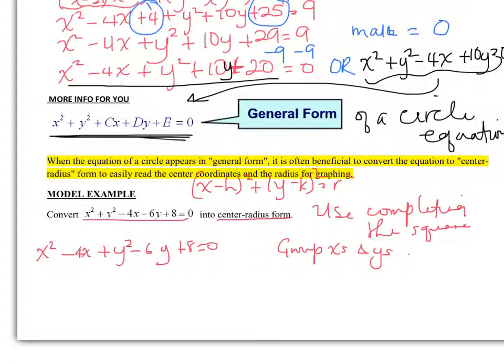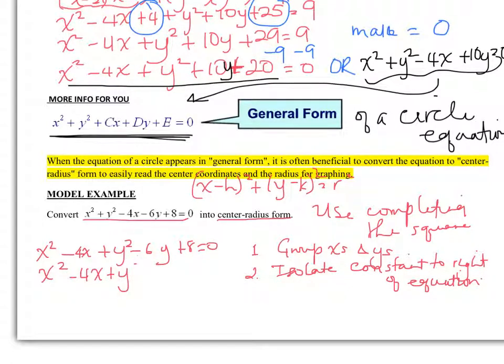Another step is that we're going to isolate the constant to the right of the equation. So we have x squared minus 4x plus y squared minus 6y is equal to negative 8.